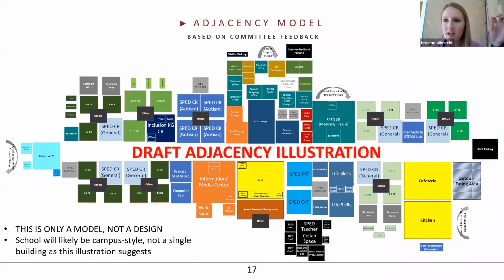So when I put in the STEAM space, my idea was to have an extra classroom in the middle there. It was the size of a classroom, and you could then have grade level, like if you rotated and did fun activities with STEAM, you would have that area. And so that's why I put it there. I know the offices, I didn't want to adjust the sizes for you guys.